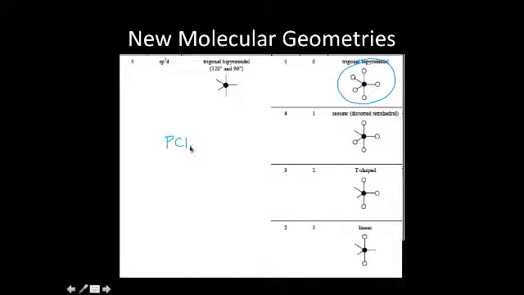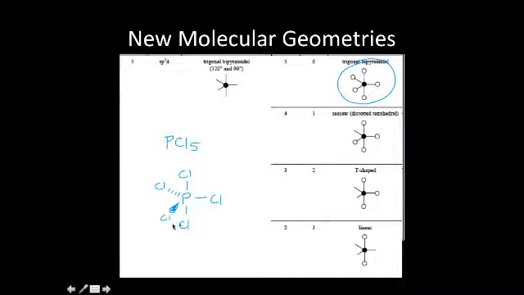phosphorus pentachloride. Okay? If I wanted to draw a three-dimensional representation of phosphorus pentachloride, I would put that phosphorus here in the center. I would have three of those chlorines on plane with the paper, and then one of those chlorines would be jumping out at us, and the other one would be going back into the page.